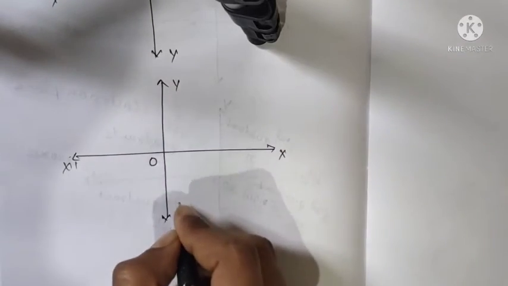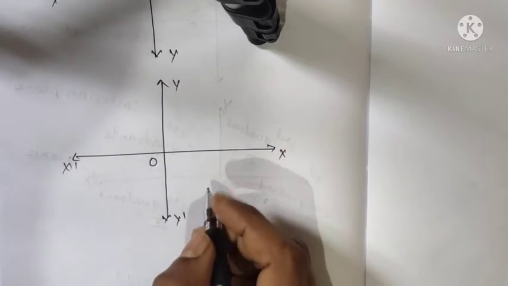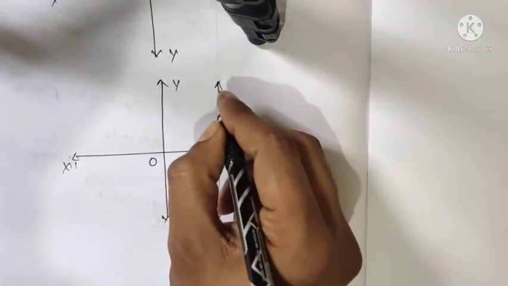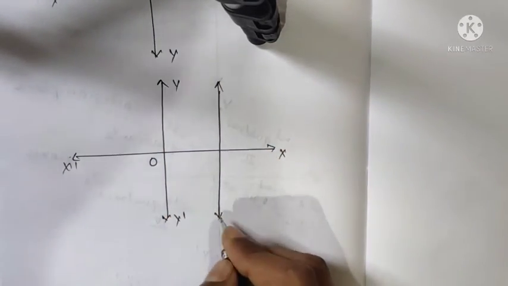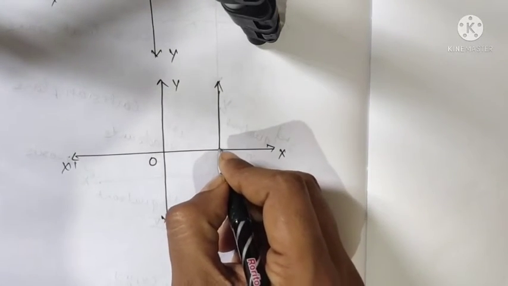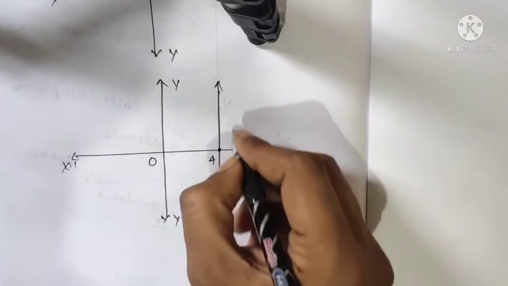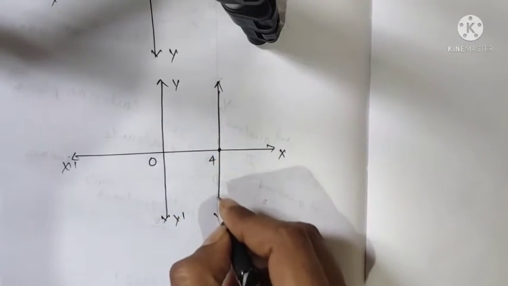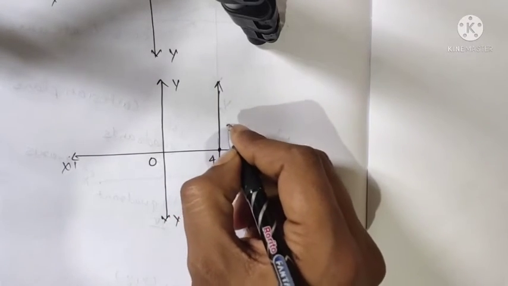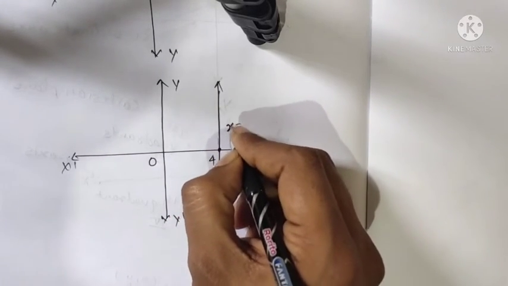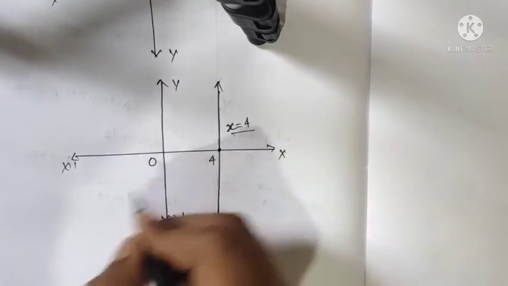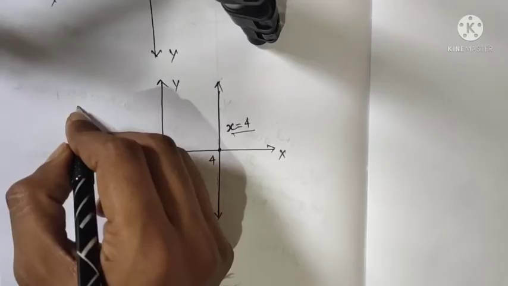Now let us consider that this is a Cartesian plane, and here is a line, and the value of x here is 4. Then all points on this line have the value of x as 4. Then the equation of this line is x equal to 4. That means this line is the graph of x equal to 4. Simple.